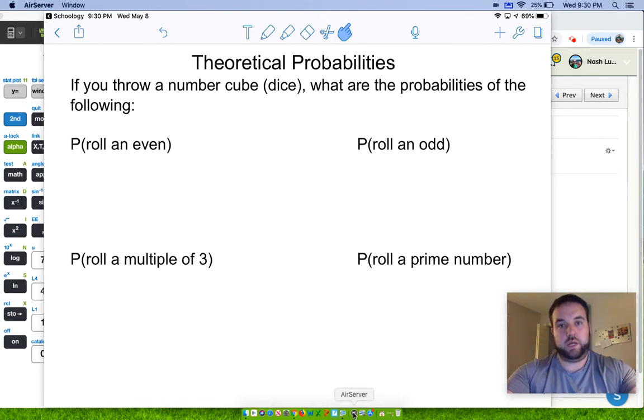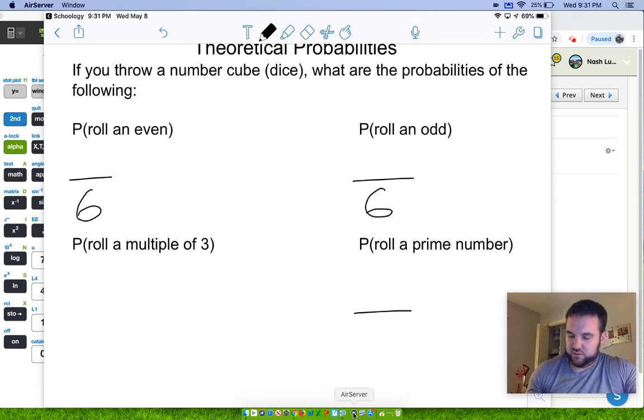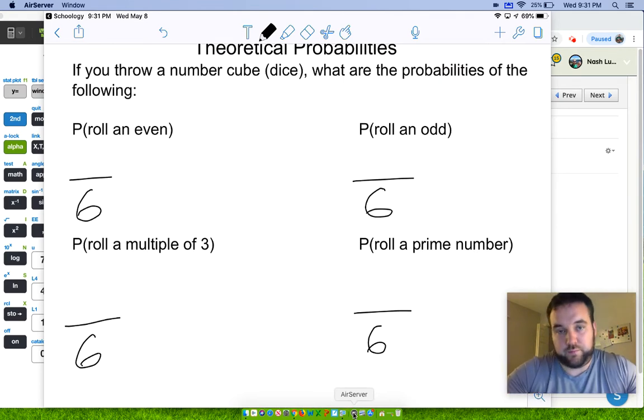If you throw a number cube, also known as a die, dice is the plural, what are the probabilities of the following? All of these are going to start with over 6 because there are 6 sides on a die. And then if we can reduce the fraction, we can reduce it from there.